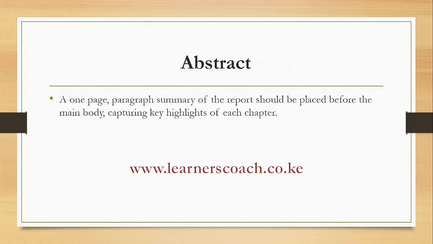The other section that is very important is the abstract. The abstract is normally one page, right? And of course it should be placed before the main body, highlighting areas that you have talked about in each and every chapter. All those pages that I've mentioned, we refer to them as preliminary pages, right? They appear at the top.